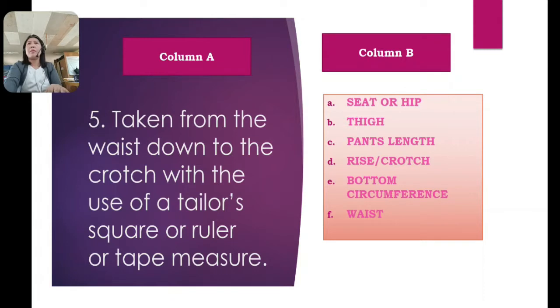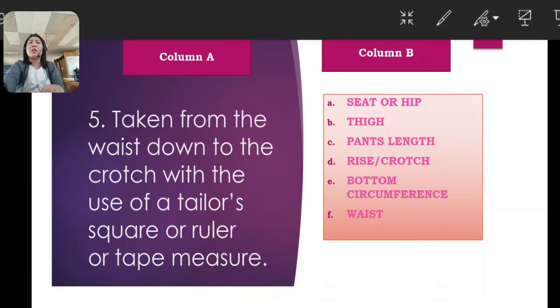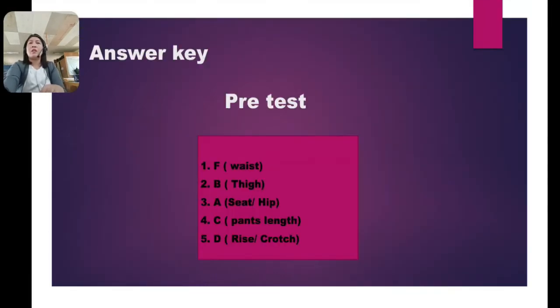Okay, time's up. Let's check your answer. So here is the answer key. For number 1, the answer is F, which is waist. For number 2, the answer is B, which is thigh.